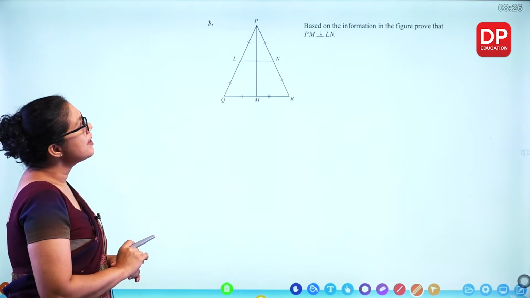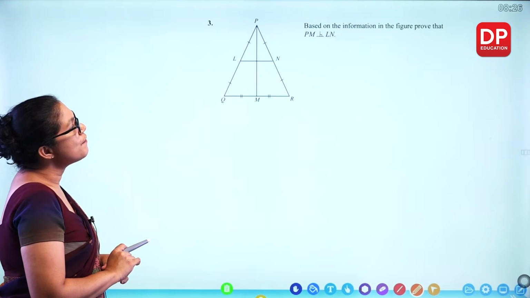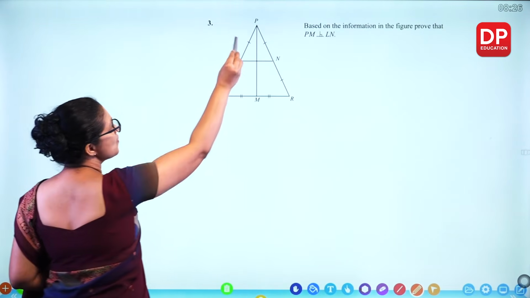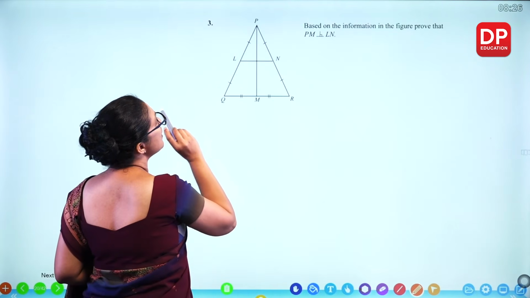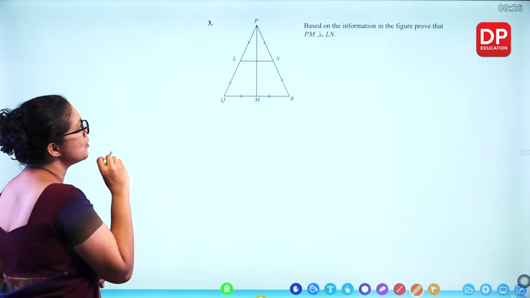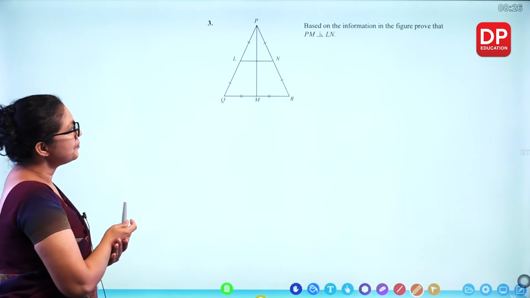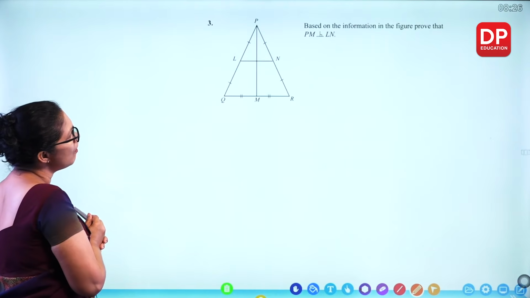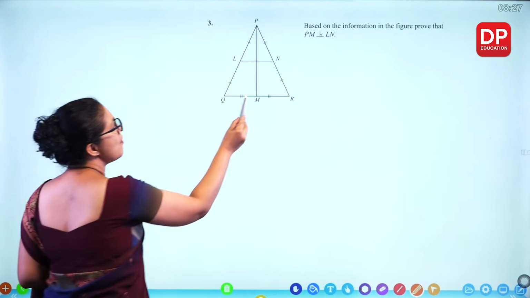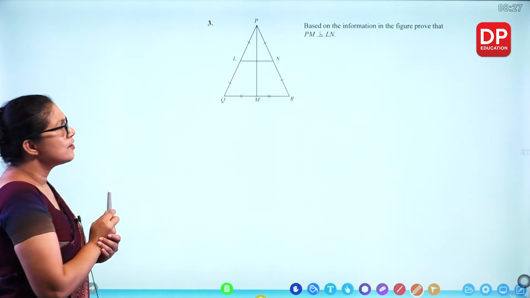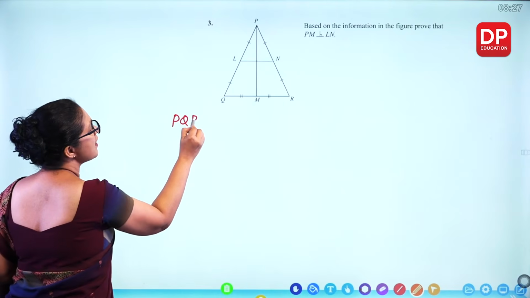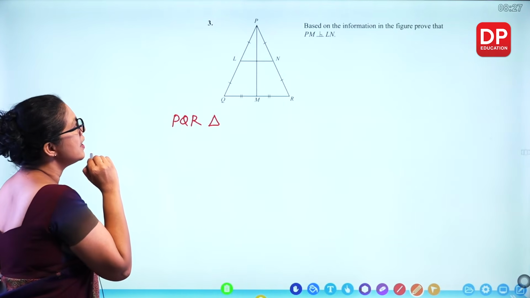Question number 3. Based on the information in the figure, prove that PM, this one, is perpendicular to LN. So this is 90 degrees. And also, can you see L and N are midpoints, M also midpoint. So when you look carefully at the PQR triangle, what can you say about LN?